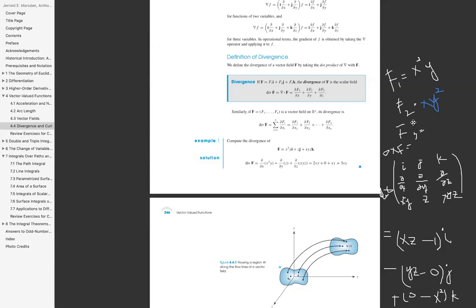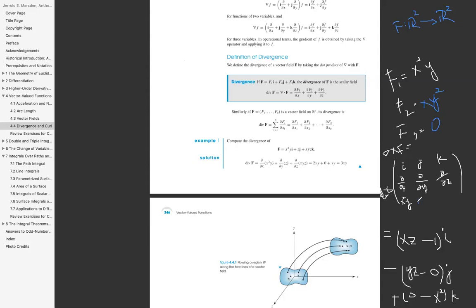And your F3 doesn't have anything at all. So in this case, F is basically an R2 to R2 vector field. Let's see what the curl of this F is.